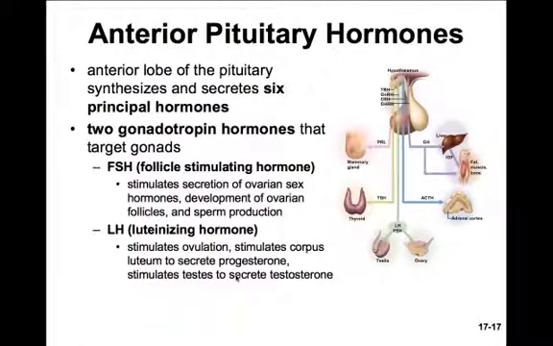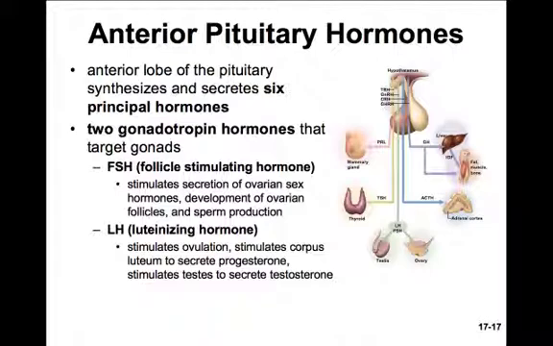Now let's move on to take a closer look at the anterior pituitary hormones. There are 6 principal hormones that go along with the 6 principal releasing and inhibiting hormones. There are 2 gonadotropin hormones that we'll begin with.